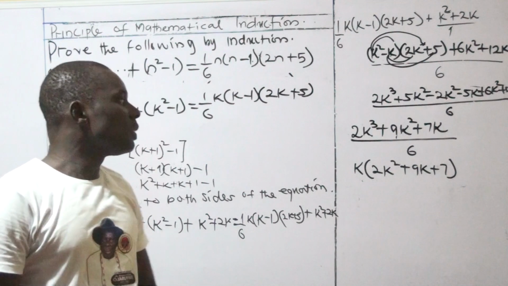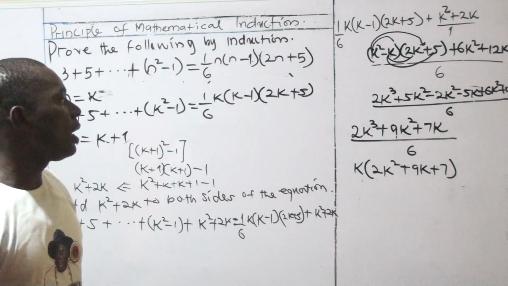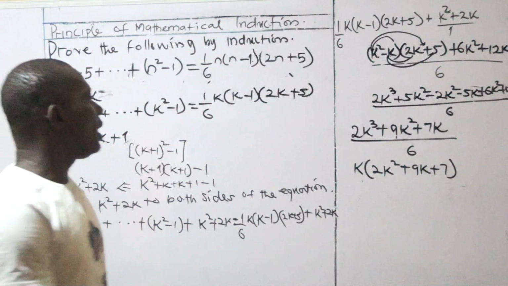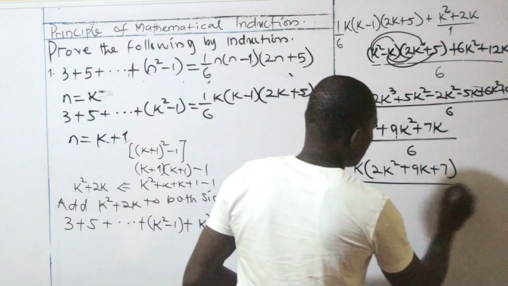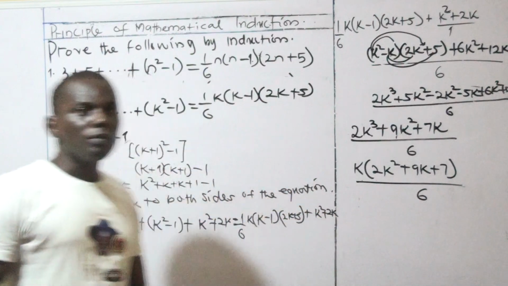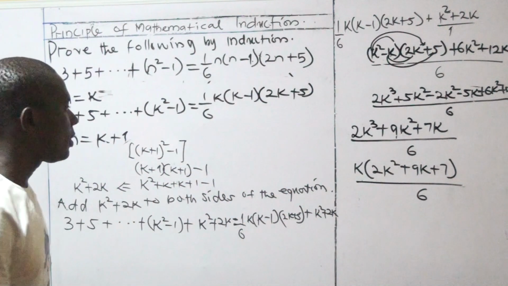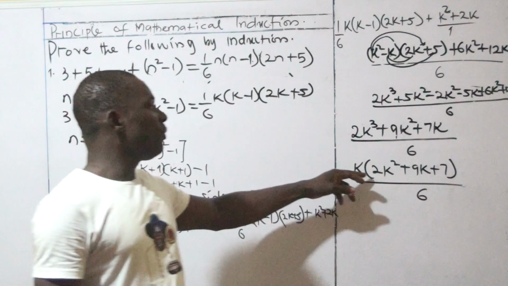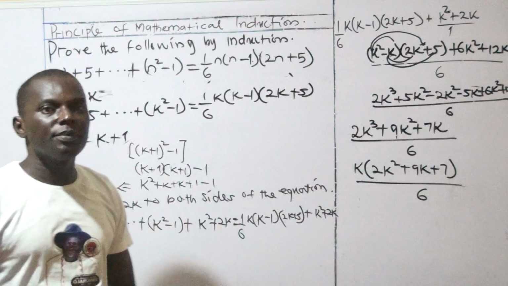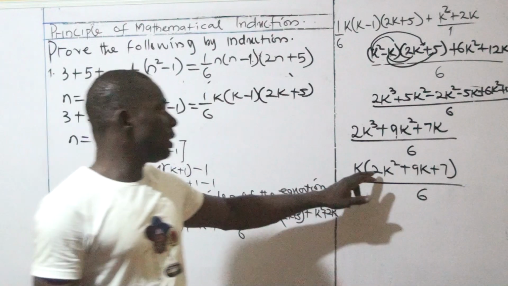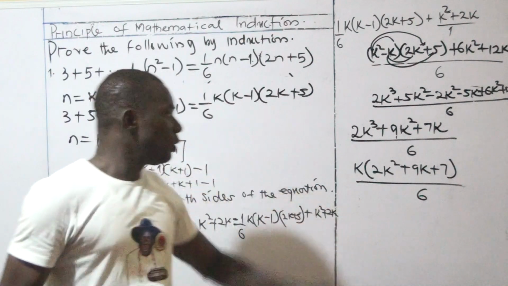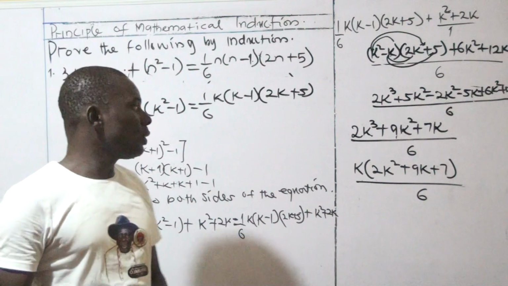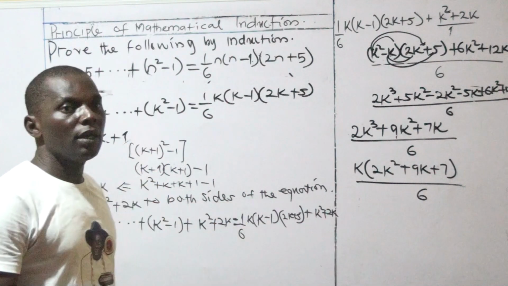Okay, so we have that, everything over 6. So we can also factorize further. 2k squared times 7 will give us 14k squared.